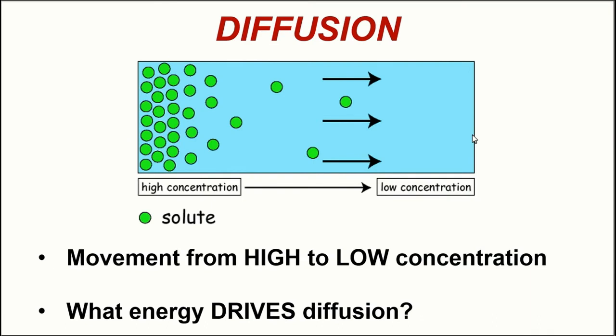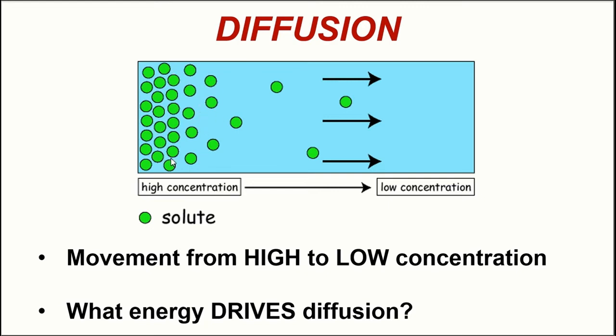Our other transport mechanism here is diffusion. Diffusion is described as the random motion of molecules from an area of high concentration of that molecule to an area of low concentration of that molecule. In this simple diagram, the substances that are dissolved in our fluid are referred to as solutes.